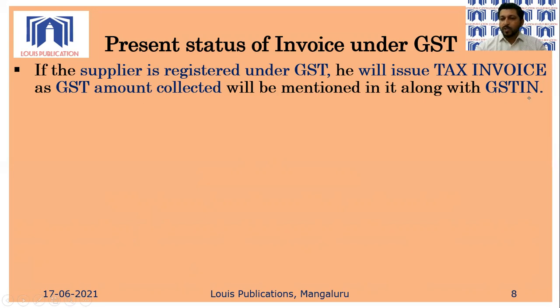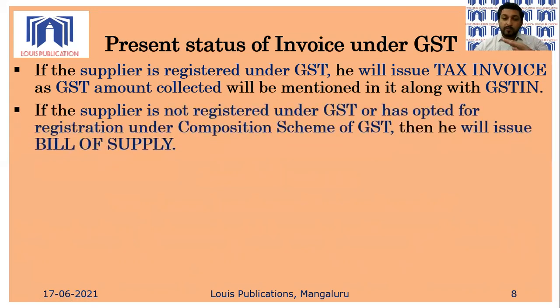So only people having GSTIN and those who issue tax invoices can collect GST amount. And remember, the original bill, the invoice, is very, very important in GST law to claim input tax credit.